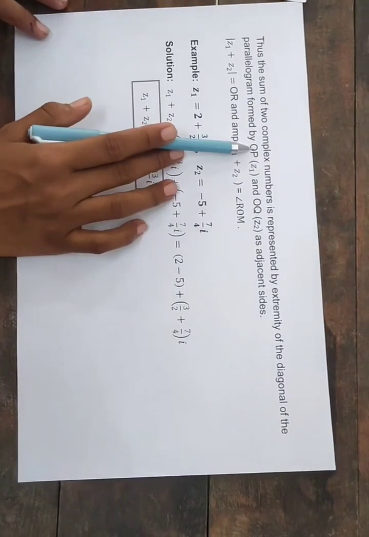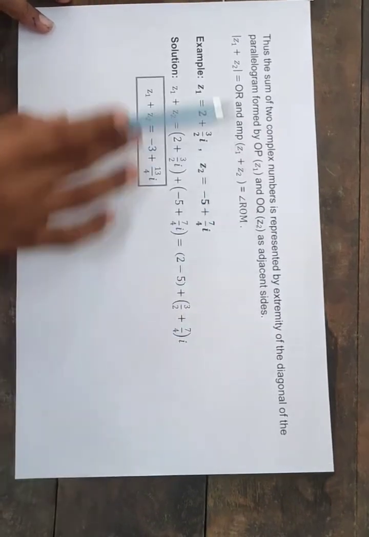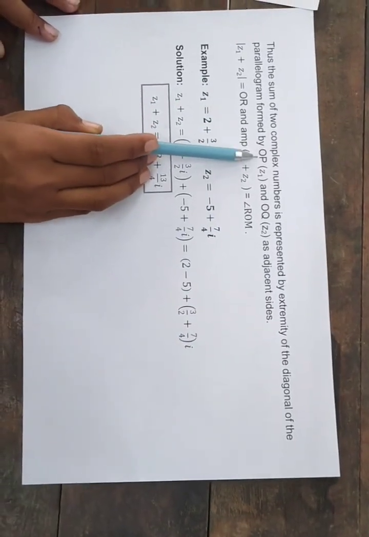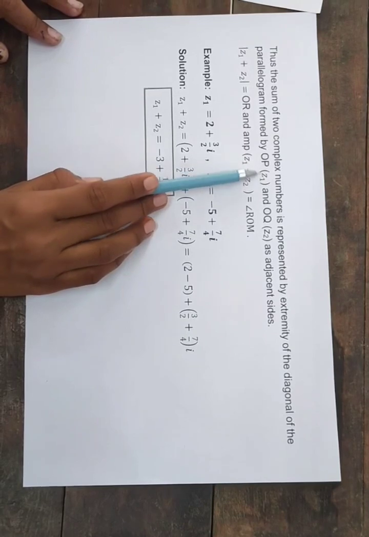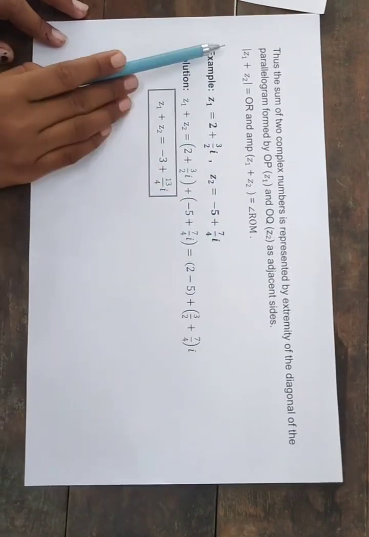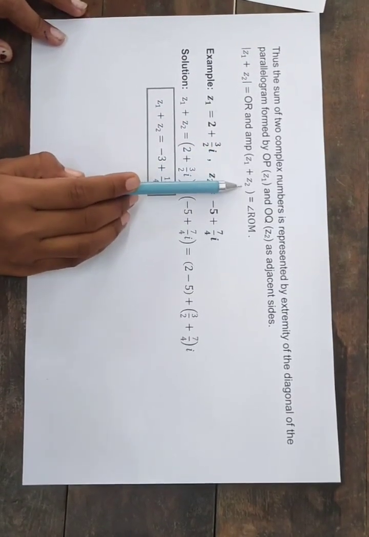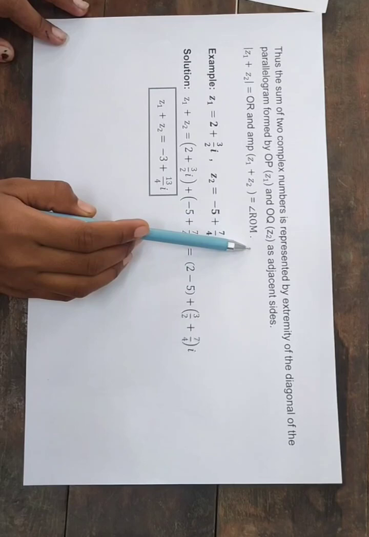Thus the sum of two complex numbers is represented by the extremity of the diagonal of the parallelogram formed by OP as z1 and OQ as z2 as adjacent sides. The modulus of z1 plus z2 is equal to OR, and the amplitude of z1 plus z2 is equal to angle ROM.